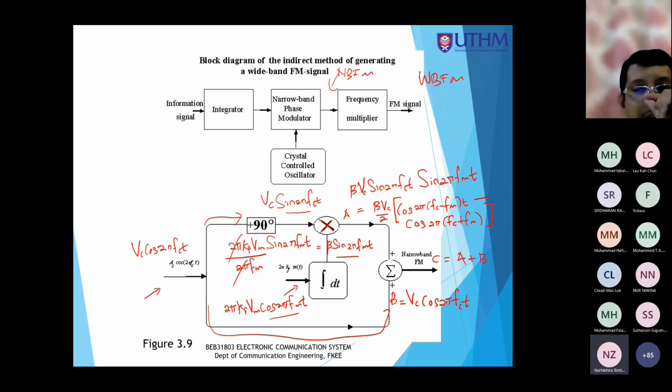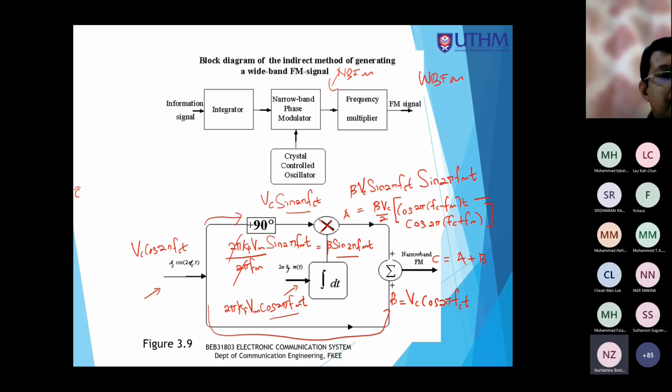Point A plus point B means we can rearrange the equations to become a complete equation.